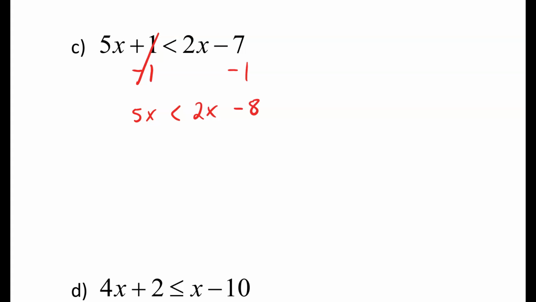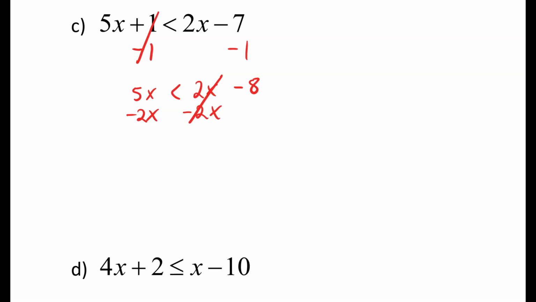And we want to move our variables over to the left hand side, sorry. So we have to do the opposite of +2x, which is -2x. So we're subtracting 2x, subtracting 2x. That cancels it on the right, and we get 5x subtract 2x, which leaves us with 3x is less than -8.